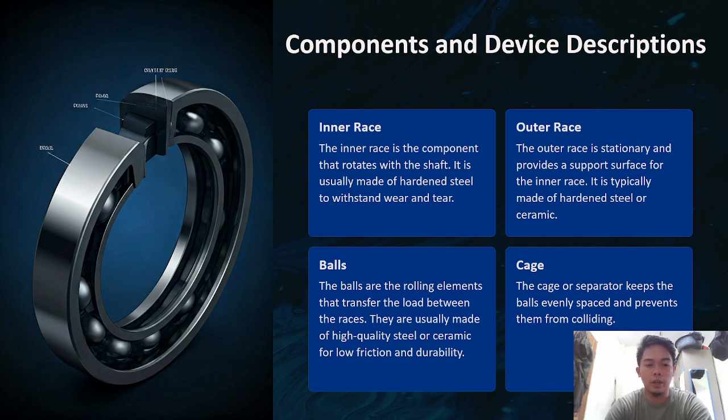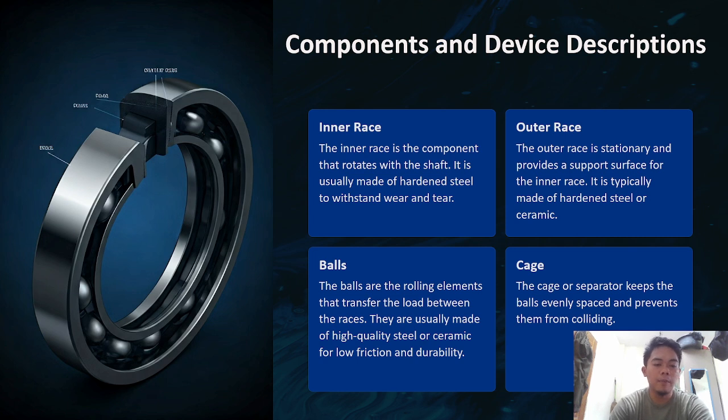Steel balls are known for their strength and durability, while ceramic balls offer advantages such as lighter weight and higher resistance to heat. The precise manufacturing of the balls ensures that they have a consistent size and shape, which is essential in maintaining proper spacing and alignment within the bearing.